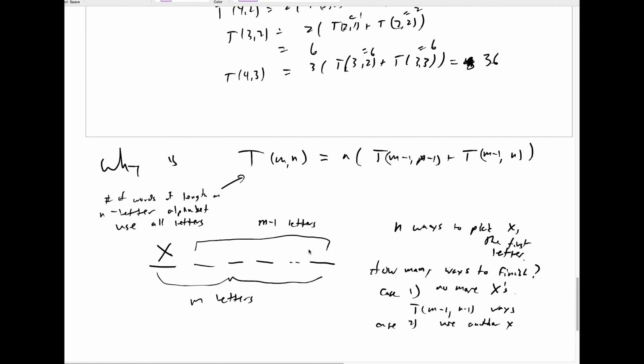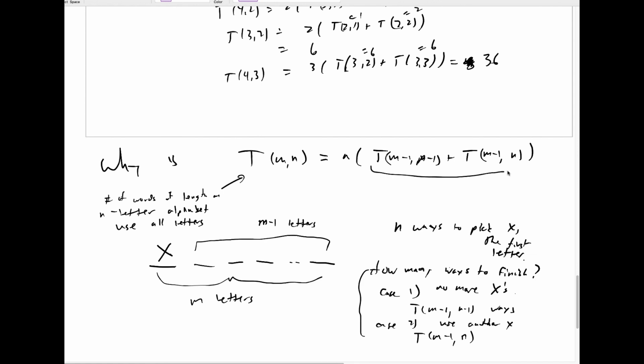In other words, it has to contain at least one of all n letters. And it's a word of length m-1. How many ways can I do that? Just Tm-1,n. That's the number of ways I can pick an m-1 letter word using every letter from an n letter alphabet at least once. What's the total number of ways I can finish?